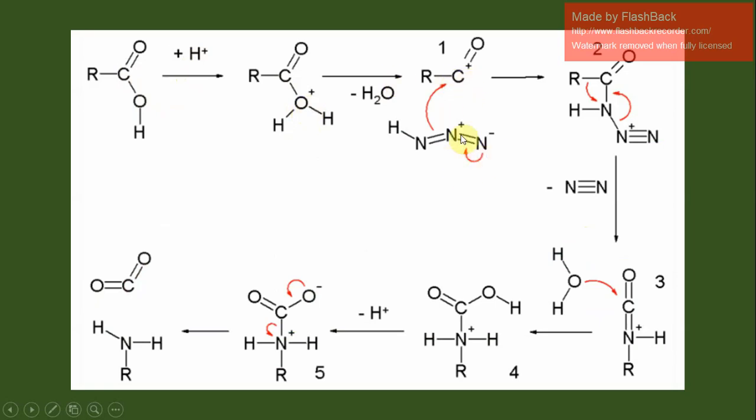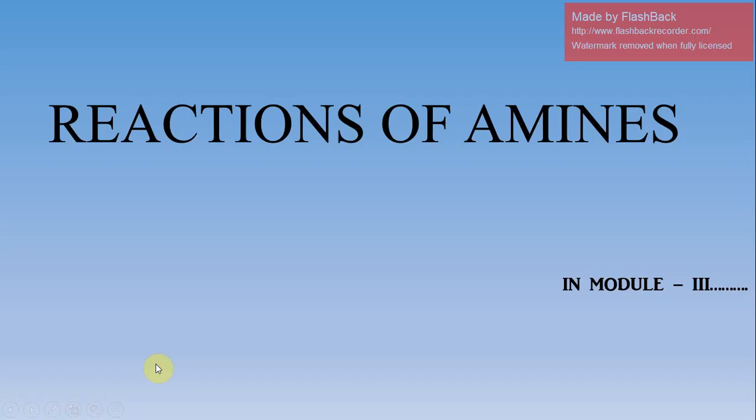That acylium ion reacts with hydrazoic acid as shown in this mechanism, gives this product, and that after rearrangement becomes alkyl isocyanate. That reacts with water forming the carbamic acid, which is given in protonated form here, and that on heating we end with a primary amine.